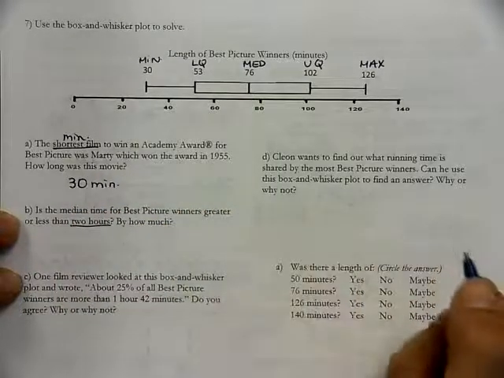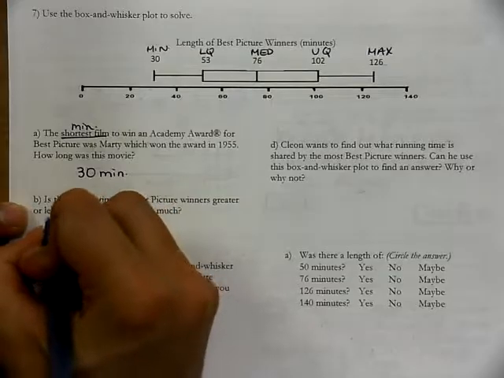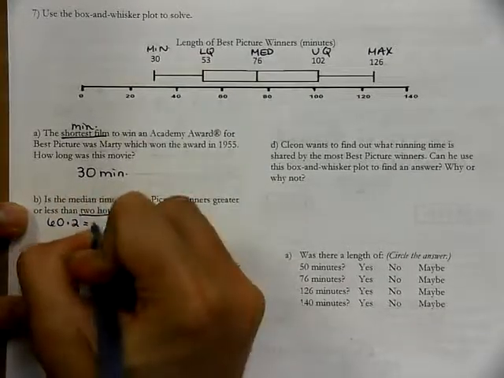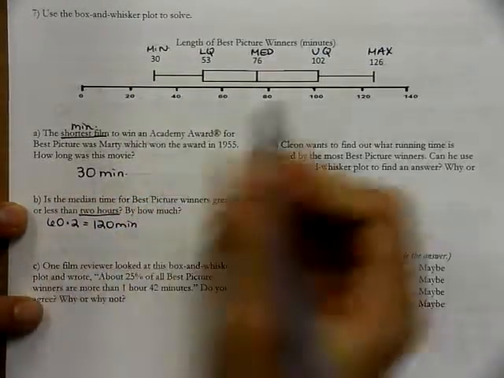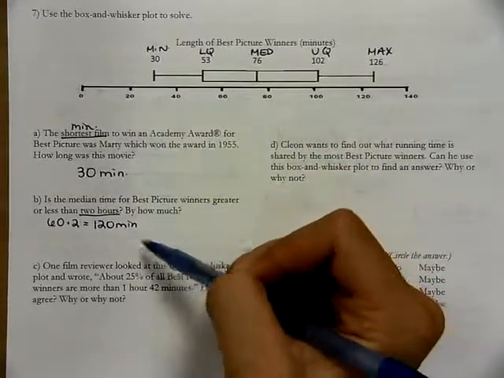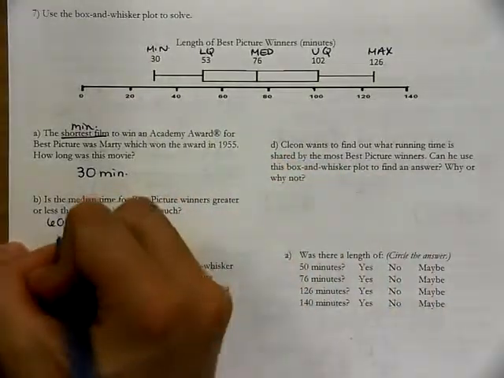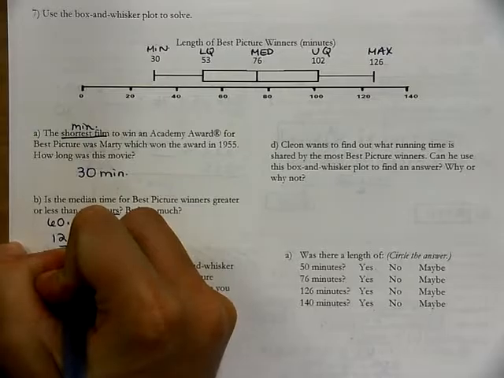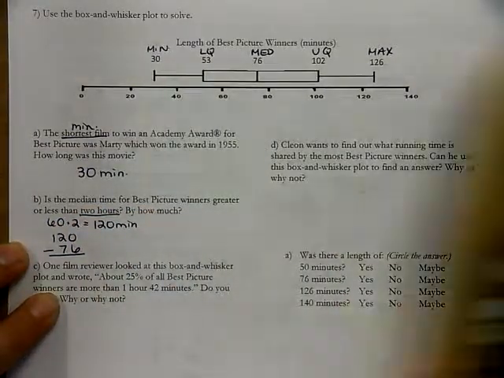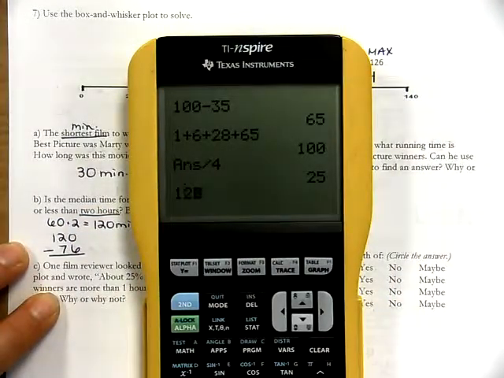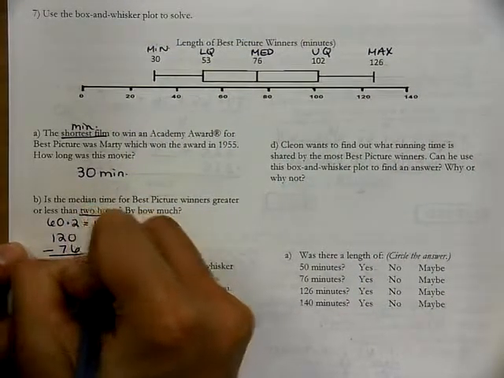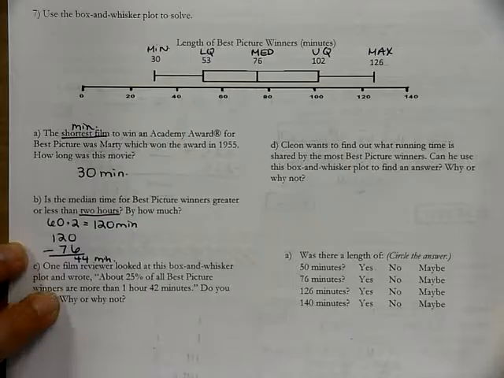Well, 2 hours, if there's 60 minutes in an hour, then 60 times 2 hours would be 120 minutes. So the median is less than 2 hours, and if I do 120 minus 76, I get 44 minutes.